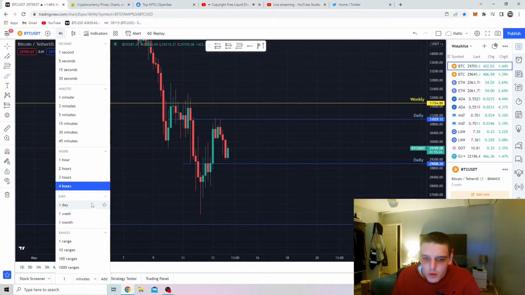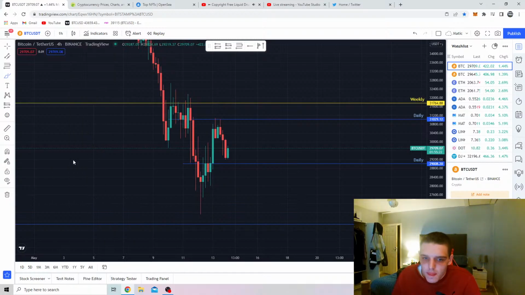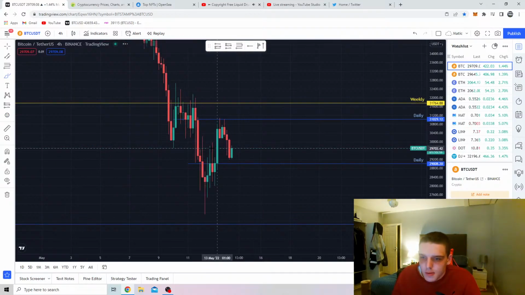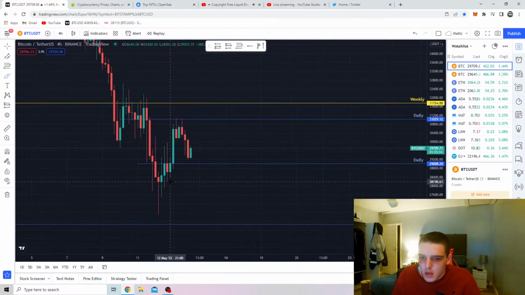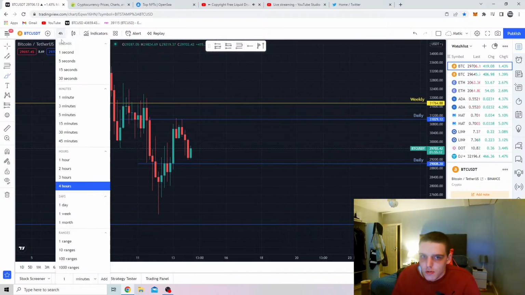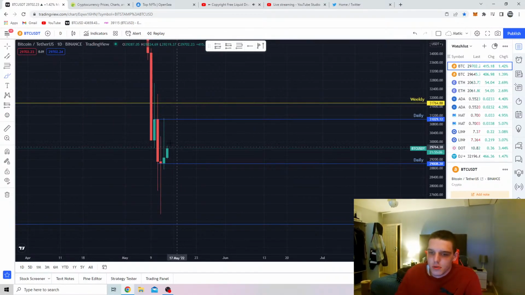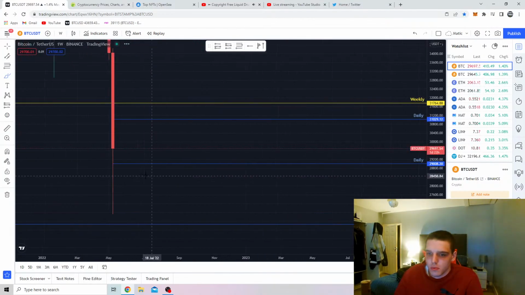Yeah, as I said earlier, what you want to see. So obviously, this is on the hour. What you want to see is the higher time frame. So this is the 4 hour. As you can see, still bearish market structure. Still bearish market structure. You want to see the higher time frames finish above these important levels.